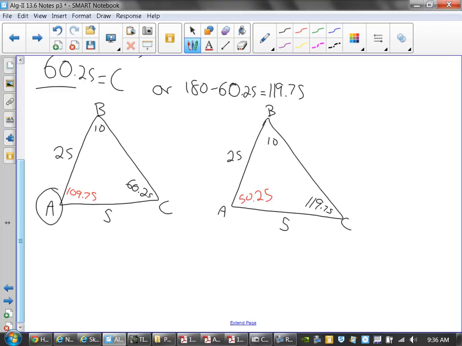So if you have a 10-degree angle up top, the two other angles that can be formed with these side lengths are going to be 119 or 50 and change. It could be a 60-degree angle and a 109. Since this was acute, that has the possibility of occurring.